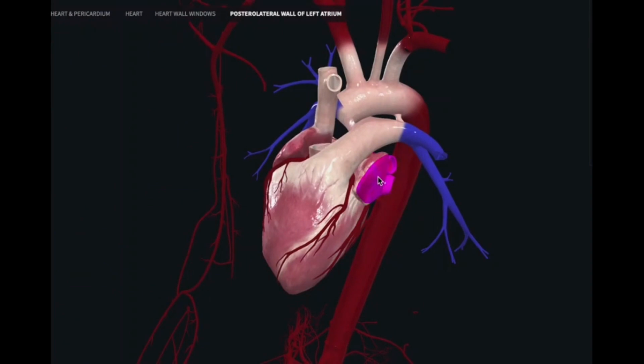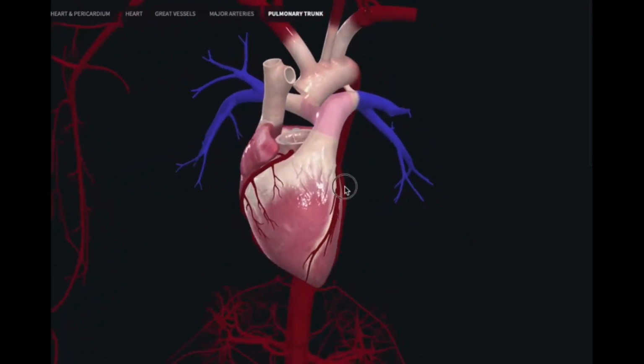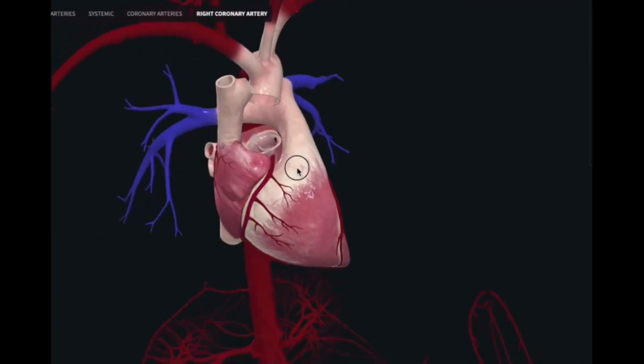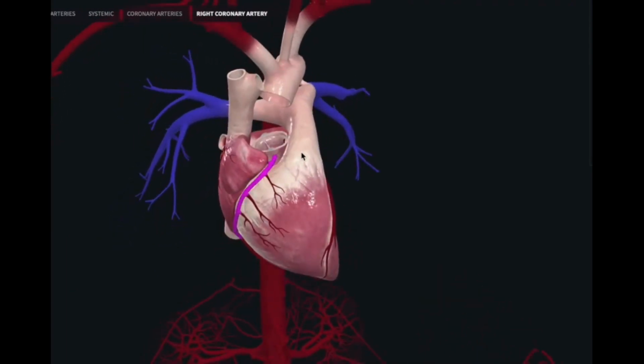Once we remove the posterior wall of the left atrium and the left auricle as well, we can clearly see loads of branches or coronary arteries coming down, and you can see it runs. Remember, the right coronary artery runs in the coronary sulcus. The left coronary artery also runs in a certain sulcus because it's nicely tucked away.